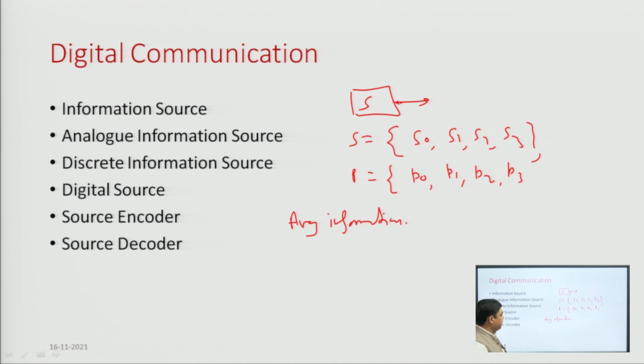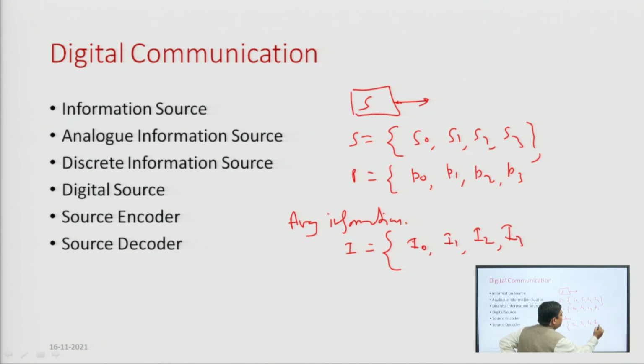Then we first have to find the information contained in each symbol. The information contained in symbol S naught is I naught, in symbol S 1 is I 1, and similarly I 2 and I 3.